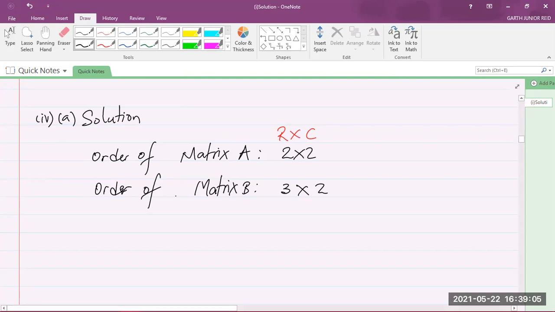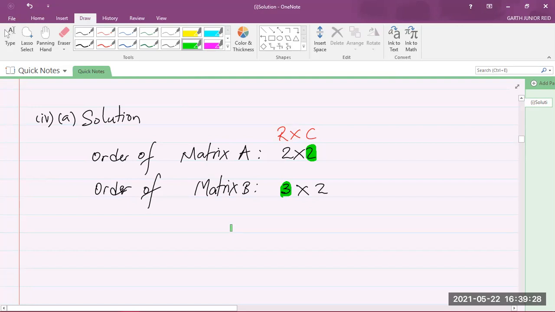Good. Now, in order for the matrix product AB to be possible, it means that these numbers here have to be the same. They have to be the same in order for the product to be possible.